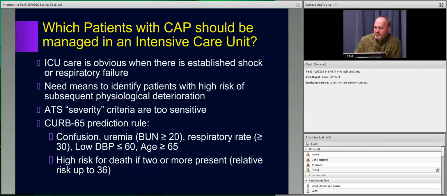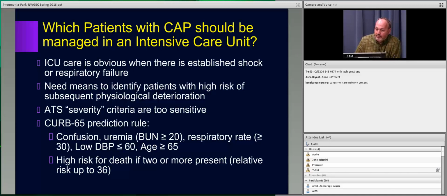Okay, I'm going to skip over the ATS severity criteria because they're too sensitive. They identify everybody as being too sick, ICU bound. But there's a British prediction rule called the CURB-65, and it counts confusion, uremia, high respiratory rate, and low diastolic blood pressure in people, especially people over age 65.